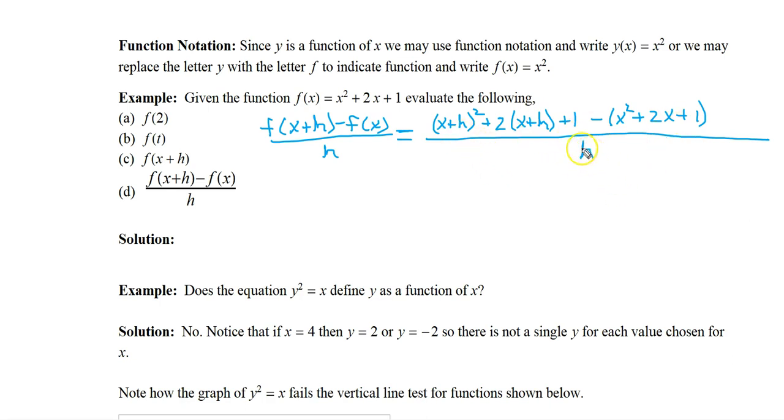See if we can cancel that h in the denominator. So this actually simplifies as follows. So we're going to FOIL out x plus h, and then distribute the 2 to the x and the h here, and distribute the negative, and what we get is this.